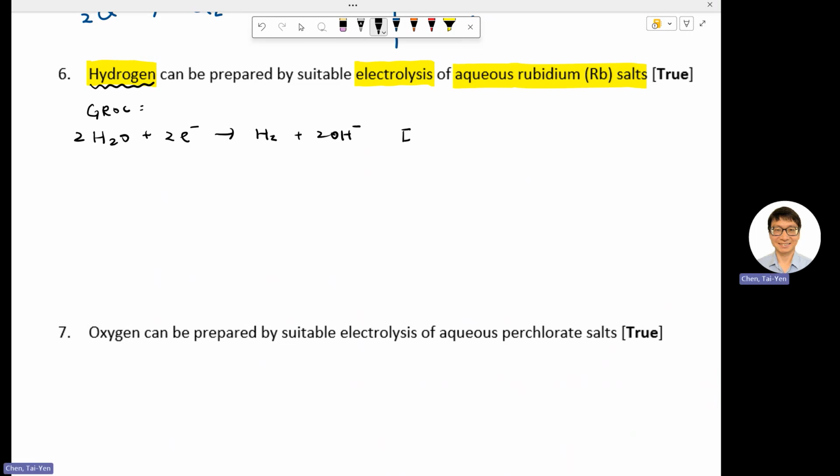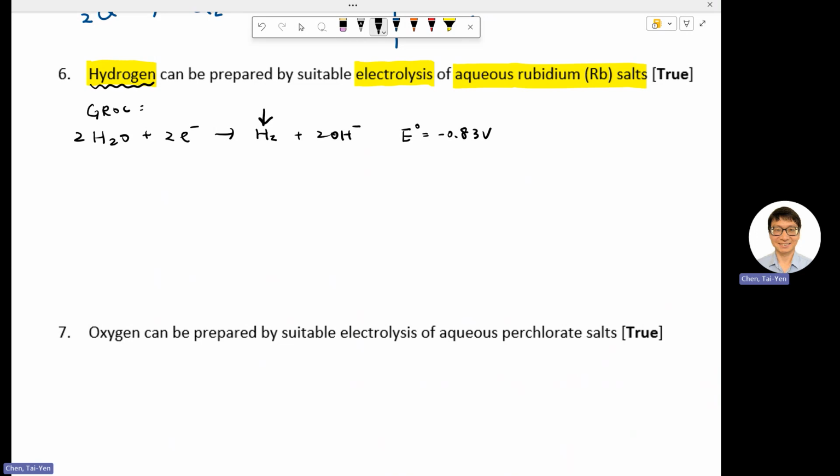So this is a reduction reaction. You also want to remember that for water, the reduction potential is 0.83 volt. What it means is, if you apply your voltage to 0.83 volt and you only have water inside your container, then you're going to be able to produce H2.